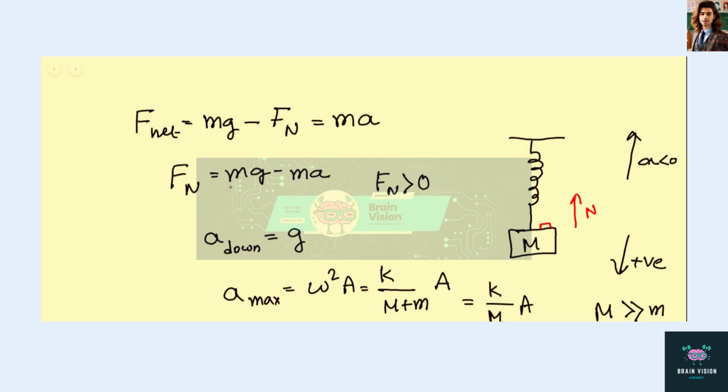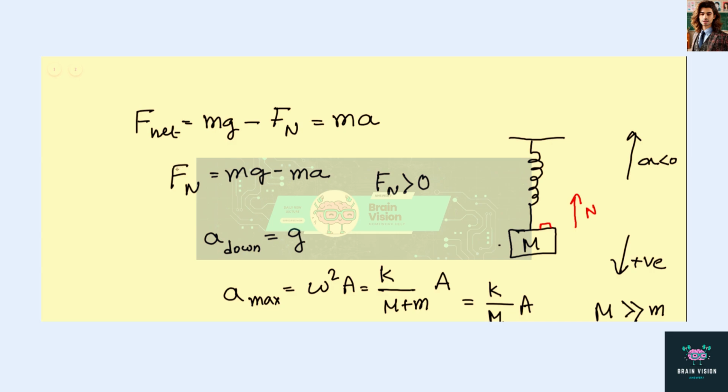But if the downward acceleration is larger than g, the normal force would go to 0. Basically, if the block is going down with more than g, there will be no contact between the penny and the block, so the normal force would go to 0.